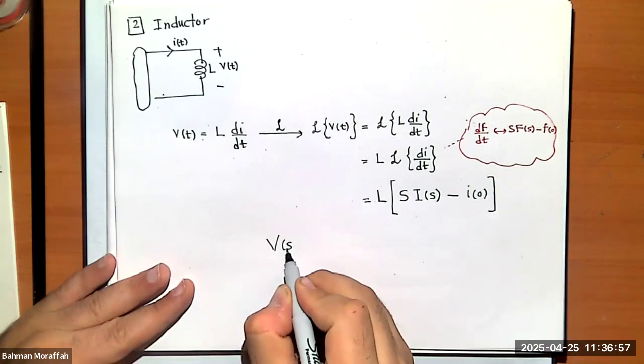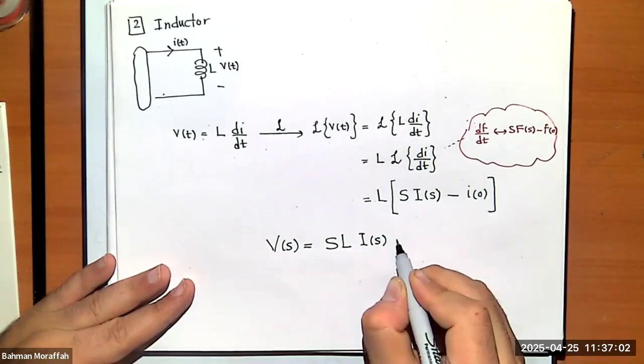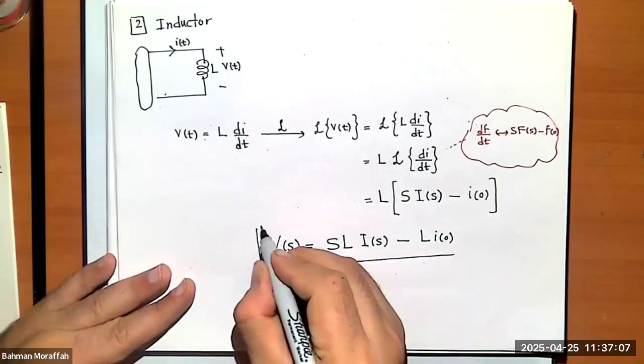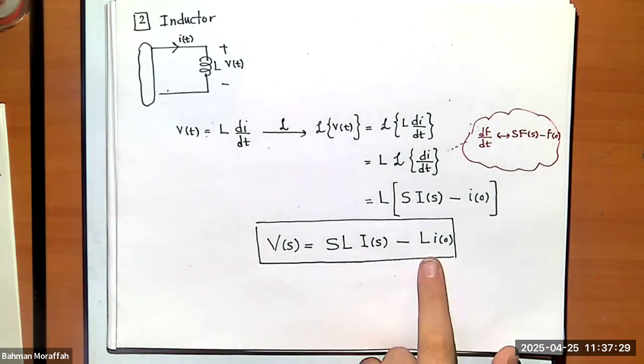I have V of S equals SL times I of S minus L I of zero. What does that tell me? It tells me if I have an inductor in the time domain, I can still replace it by its equivalent, which is SL. But to get the same voltage across it, I have to have it followed by a voltage source with value minus L times I evaluated at zero.